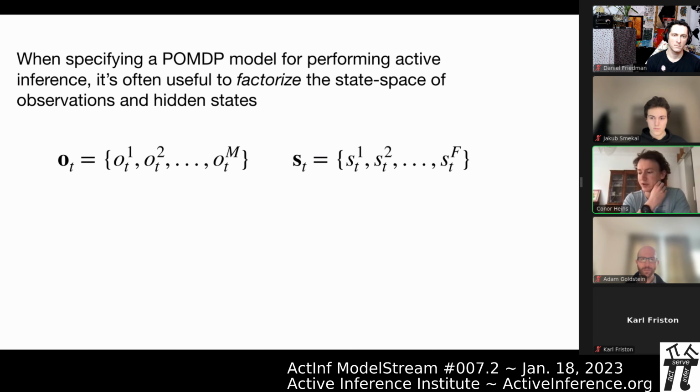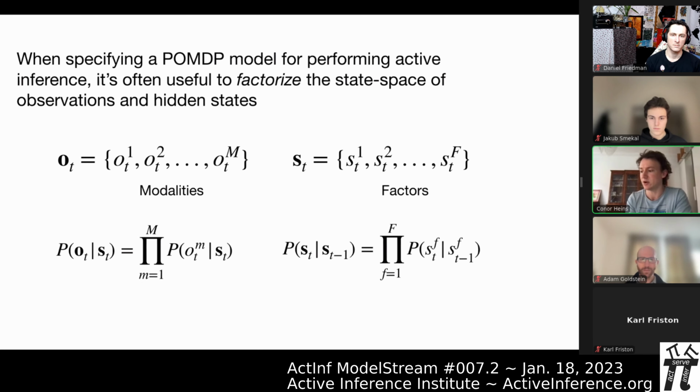And so we refer to this as a factorized representation because the different modalities are independent of each other. And the different hidden states are also independent of each other. Their dynamics are, so they evolve in time without affecting the other hidden state factors. So that's formally written down as follows: the modalities are conditionally independent of each other given the hidden states. That's what this factorization of the likelihood looks like.